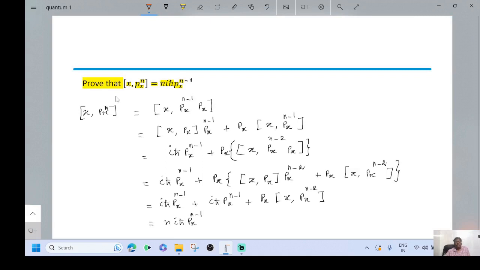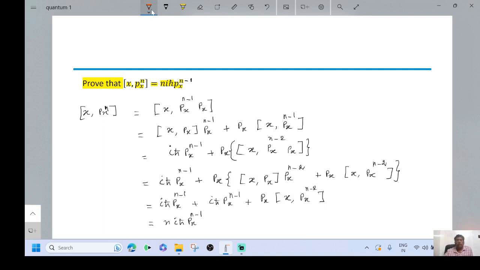Prove that the commutator x comma px power n is equal to n i h cross px power n minus 1. Say x comma px power n is written in this form: a comma b c, where px power n minus 1 comma px equals px power n. Then align the terms using the formula.